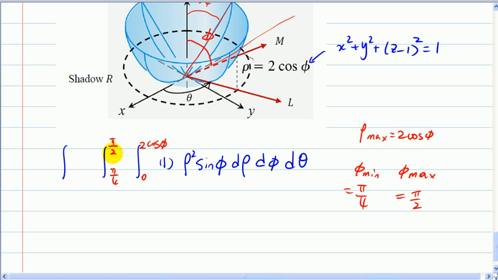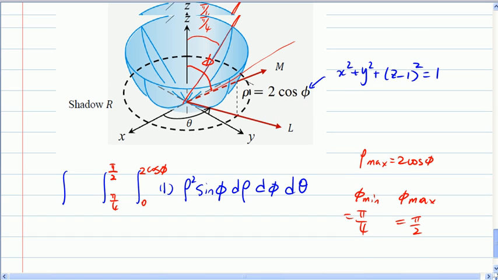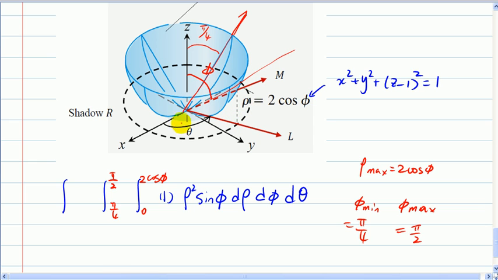The last one is the theta angle. The theta angle is defined between the x-axis and the projection of this reading line L in the xy plane. Then you sweep this reading line across the whole shadow of region D in the xy plane, and find the min and max theta that include the whole shadow.